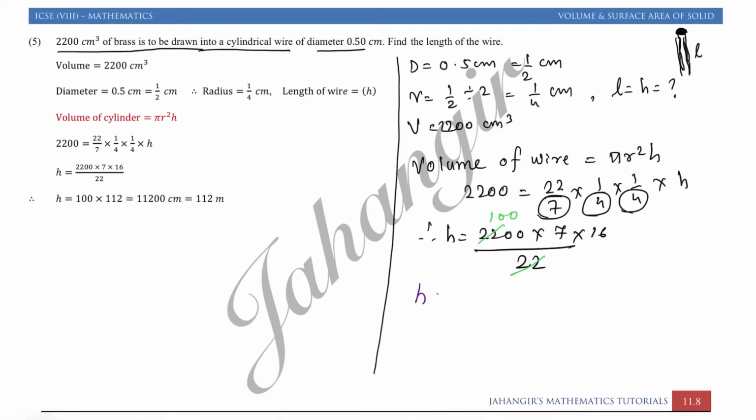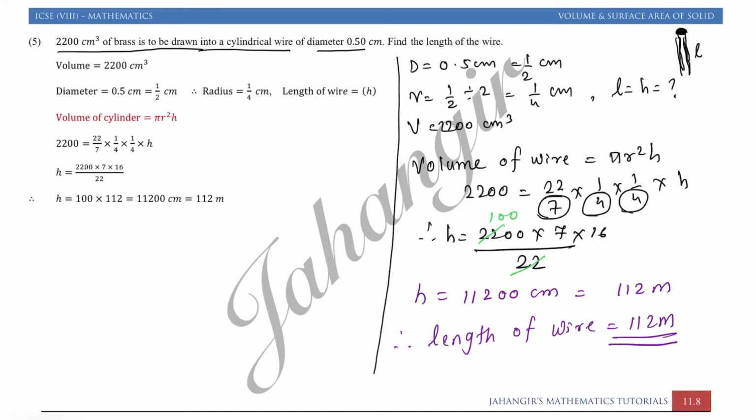Therefore the height of the wire is 7 into 16, that is 112 into 100 centimeter. So you can write it as 112 meters. Therefore length of wire is equal to 112 meter.